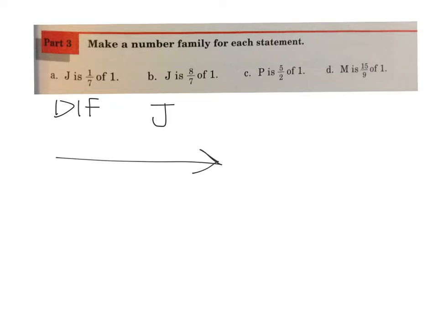And remember that we're comparing it to the number 1, so my big number I'm going to be calling 1. So they told us that J is 1/7, so I can put 1/7 as my fraction for J. I also know that I'm comparing it to 1, so I'm going to have a fraction for 1. When we're in a number family, all of the fractions have the same bottom number.